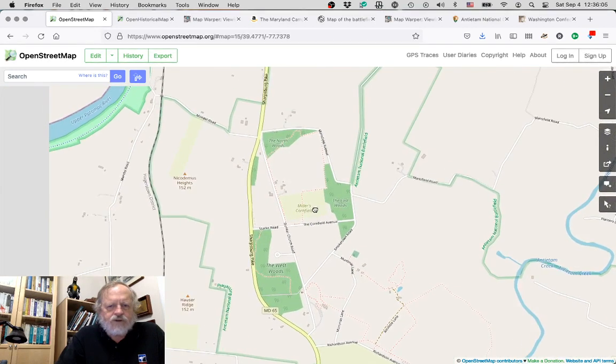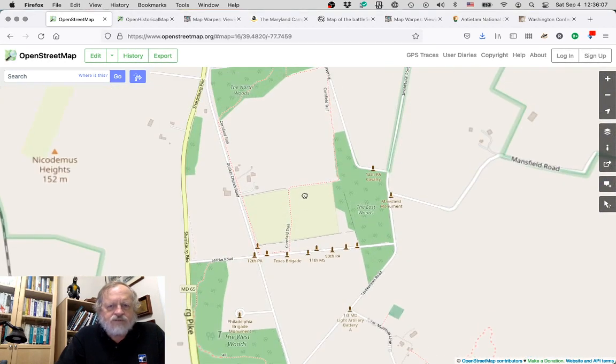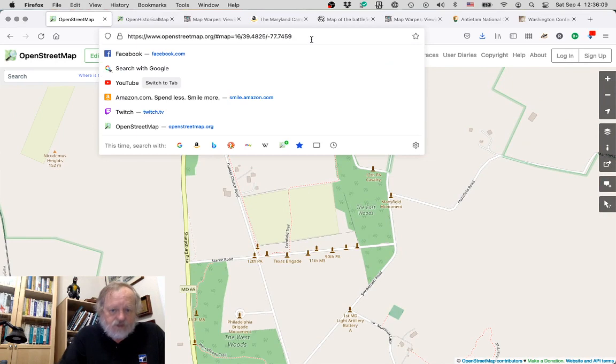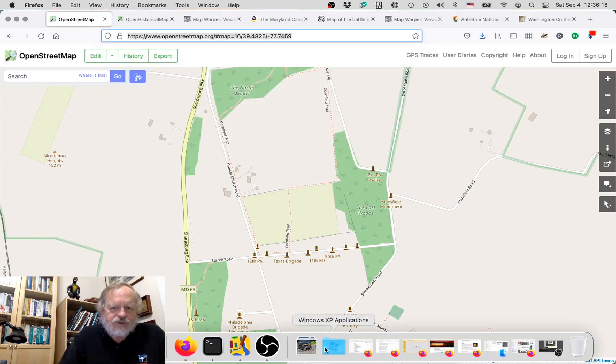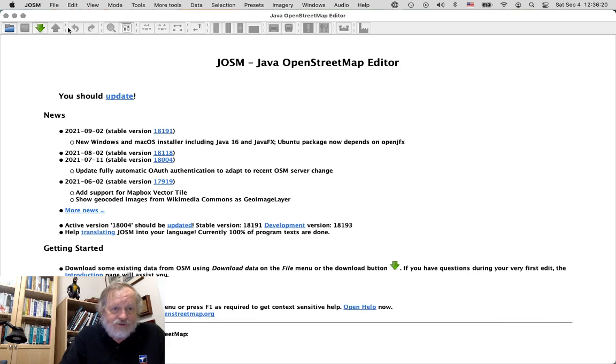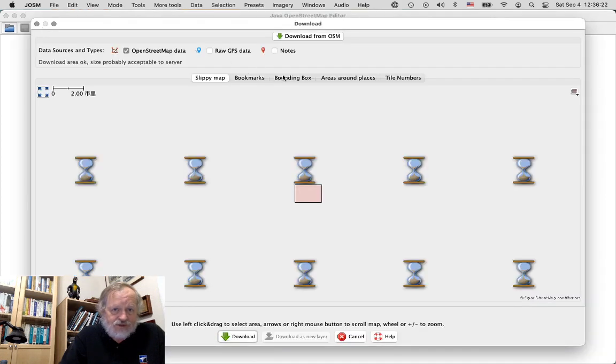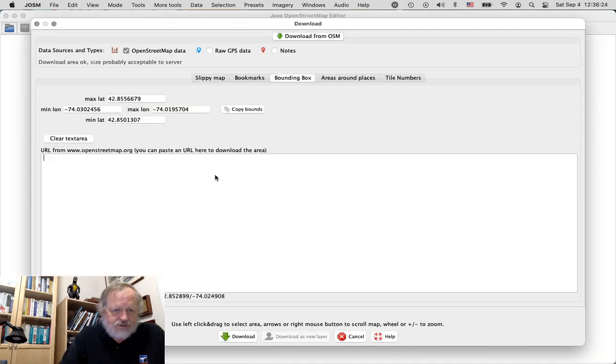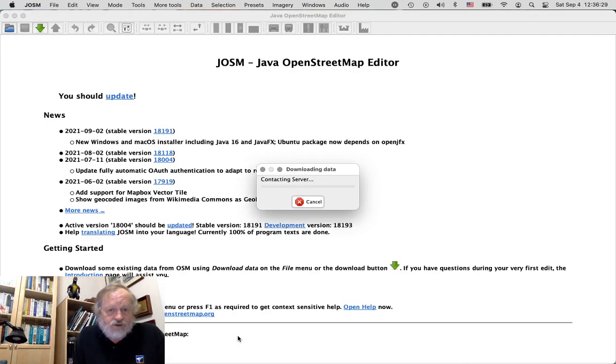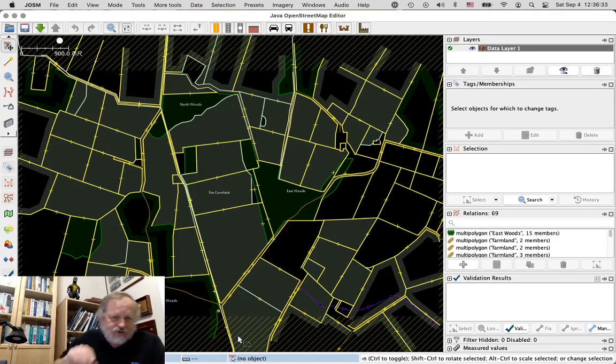the correct part of the map in JOSM. And so this little trick works with both OpenStreetMap URLs and OpenHistoricalMap URLs. For anyone who hasn't actually done this before, go to Bounding Box, paste in the URL, and click download. And it will grab the zoom level and the latitude and longitude, and it will give you this area.